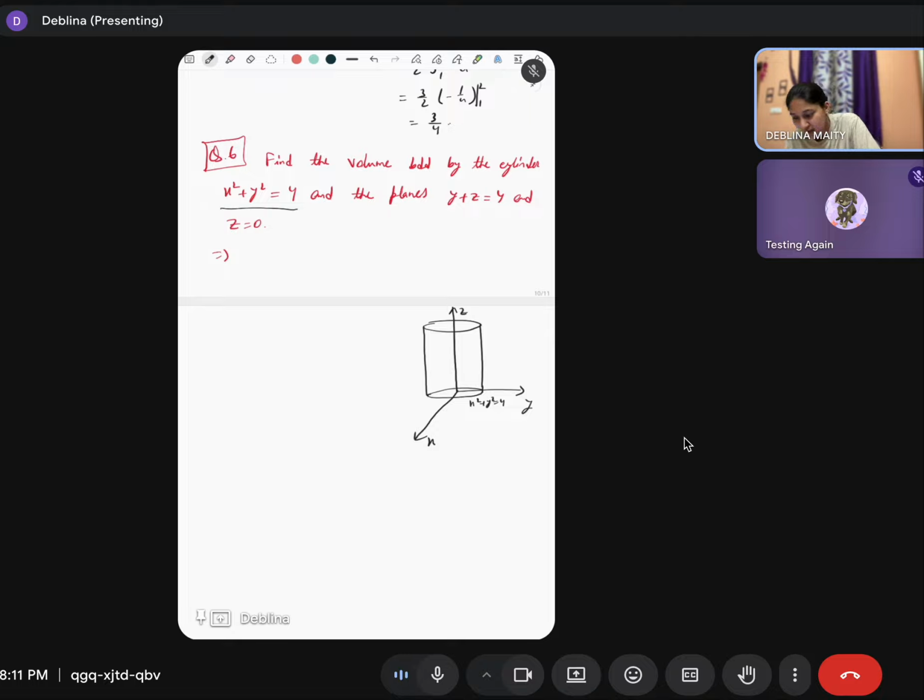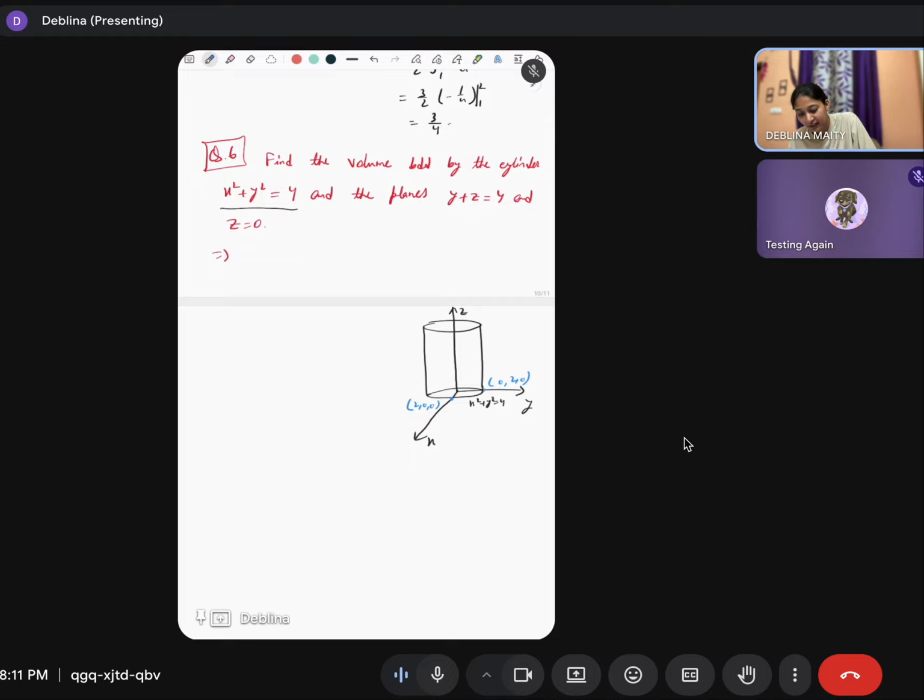So what is this point? It is intersecting the y axis at the point 0 2 0, and this point is 2 0 0.